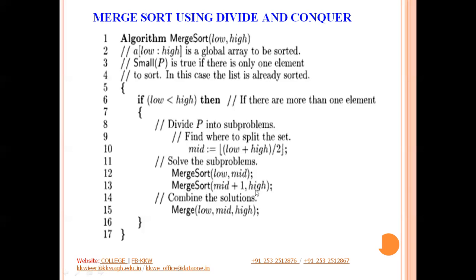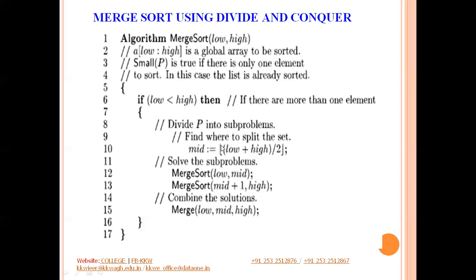Okay, now once we have solved the first problem also and second problem also, then we have to finally use the last phase, that is conquer the solution. For that purpose, we are using the algorithm merge. Okay, so we have to combine the solution. So merge has the parameter low, mid and high. Okay, so this is by and large the flow of merge sort algorithm. So we first check whether there is a need of split.